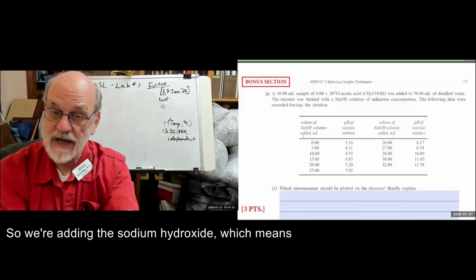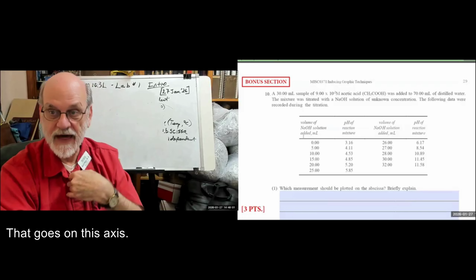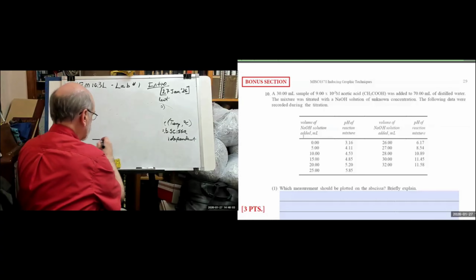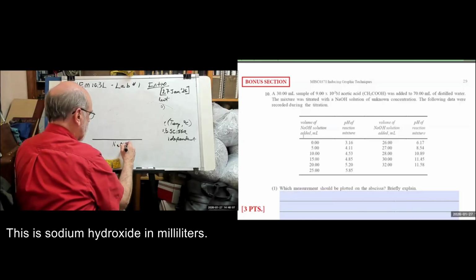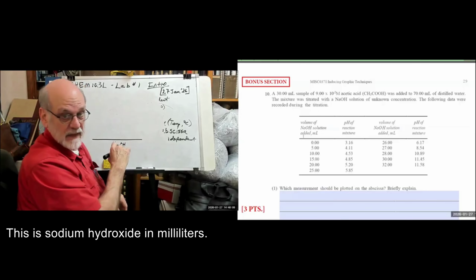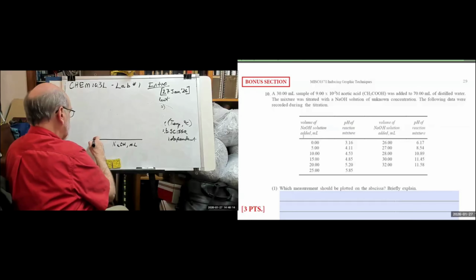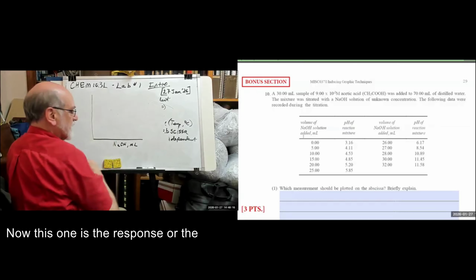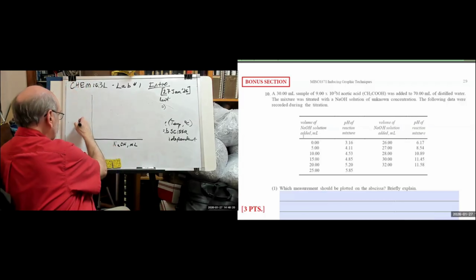So we're adding the sodium hydroxide, which means that's the independent variable. That goes on this axis. This is sodium hydroxide in milliliters. And on this one is the response, or the pH.